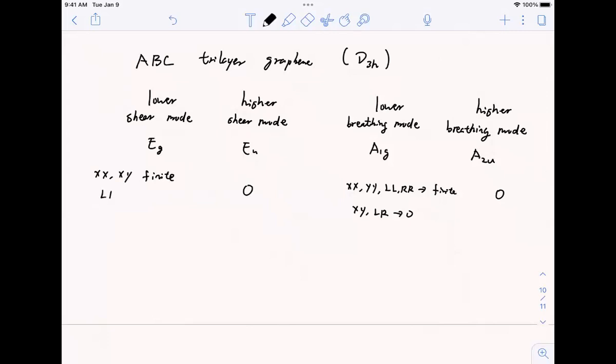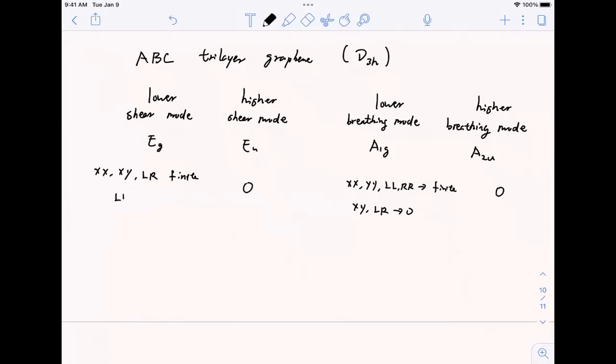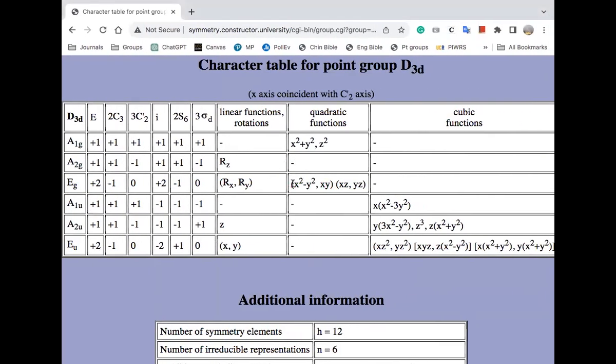And then you have an LR finite. And then we have LL and RR are 0 for this one. When you see this, it means you are going to flip the helicity. And if you see both X and Y, that means you're going to mix the X and Y polarization.